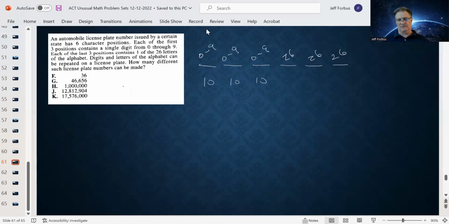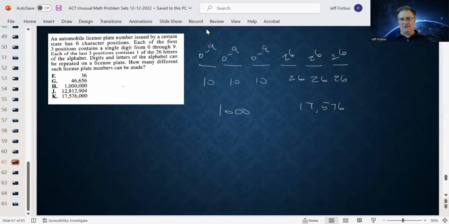All right, so this is a combination problem. In a combination problem, we multiply everything together. 10 times 10 times 10 gives us 1,000. Then 26 times 26 times 26 gives us 17,576.